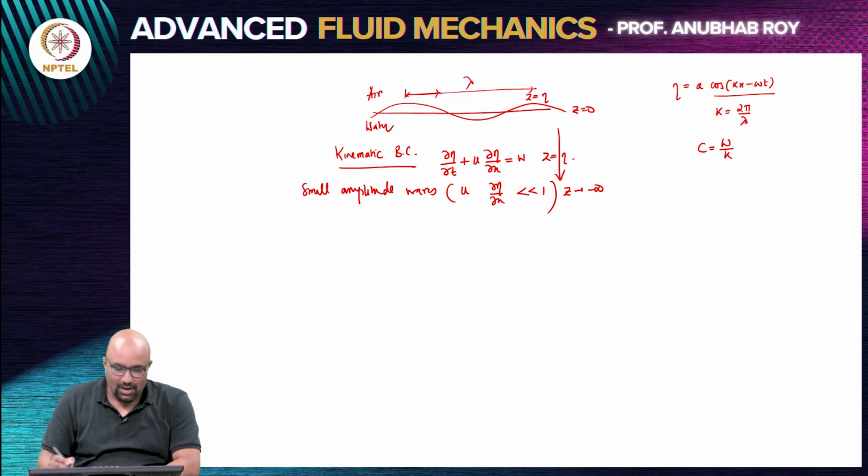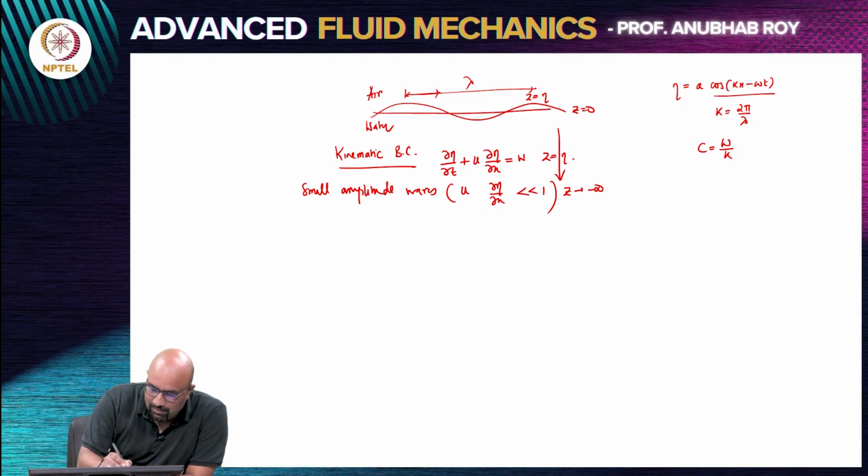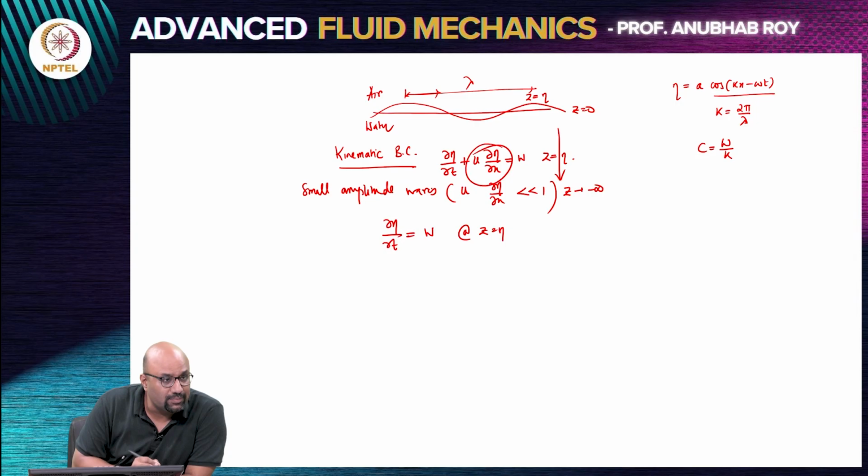It's only when you have given it a tap will you start seeing these ripples on the surface. So from assuming those small amplitudes, I will have dou eta dou t is equal to w at z equals eta. I am ignoring this particular term. I am looking at small amplitudes of these waves. Now the flow that is underlying this particular wave, under this interface, initially there was no motion, which means initially the vorticity was 0.